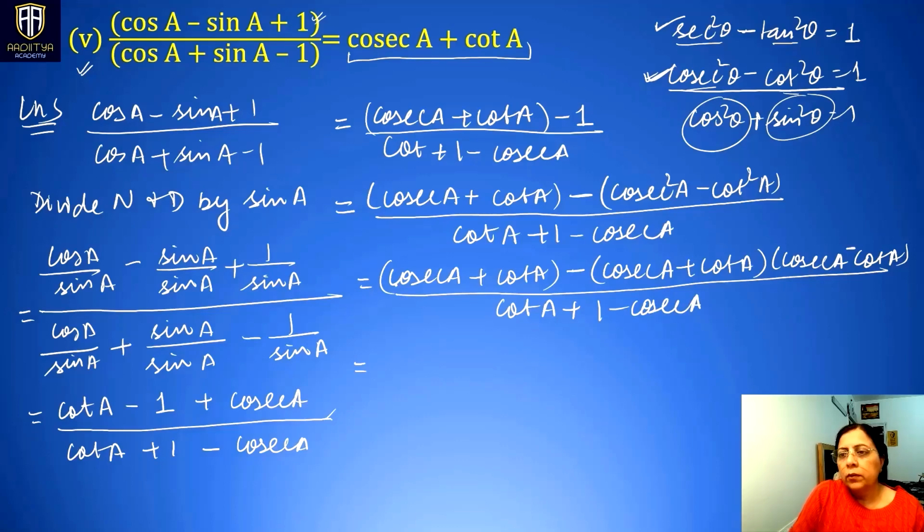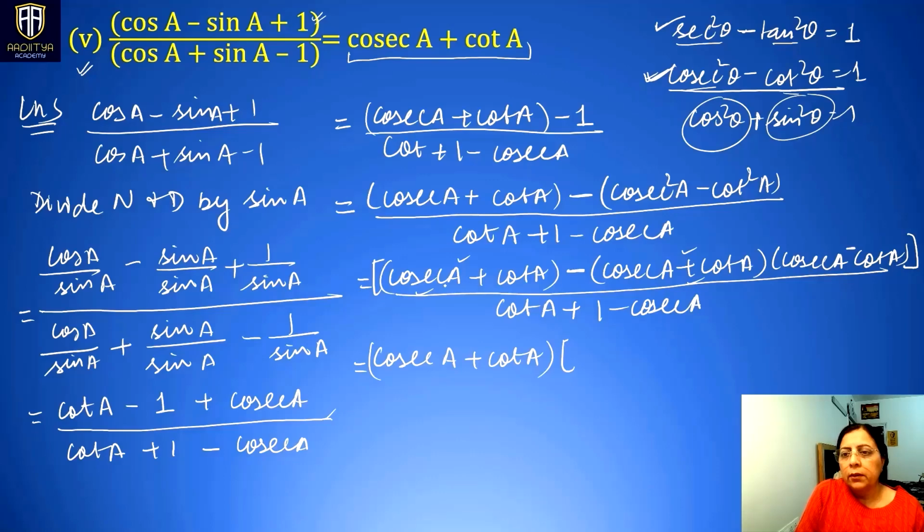Now what we do in the numerator is take this as the whole expression. You can see that the cosec A plus cot A bracket is common to both the terms. We have minus here. This bracket is present to the left of the minus sign and to the right of the minus sign. So I am taking cosec A plus cot A common.